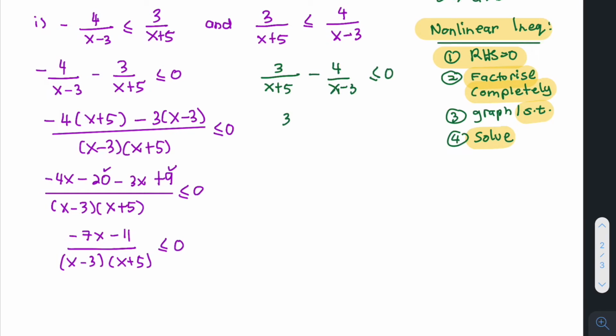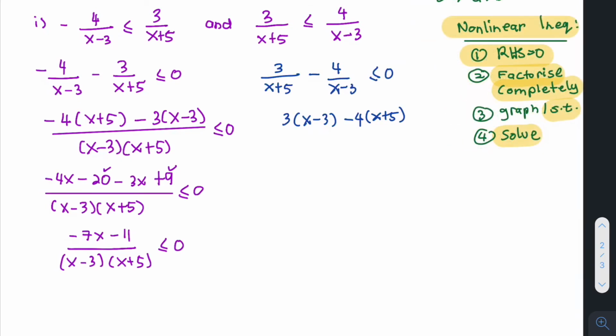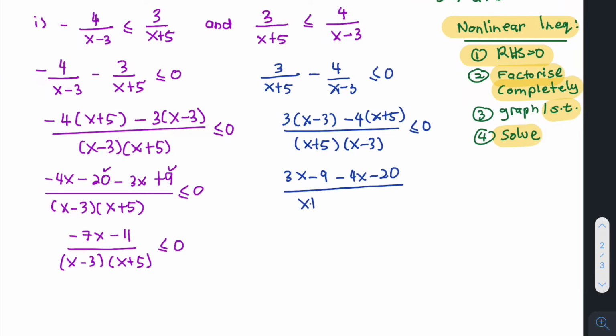Again 3 multiplied by x minus 3 minus 4 multiplied by x plus 5, over x plus 5 times x minus 3, less than or equal to 0. Then you expand: 3x minus 9 minus 4x minus 20 over x plus 5 and x minus 3, less than or equal to 0.